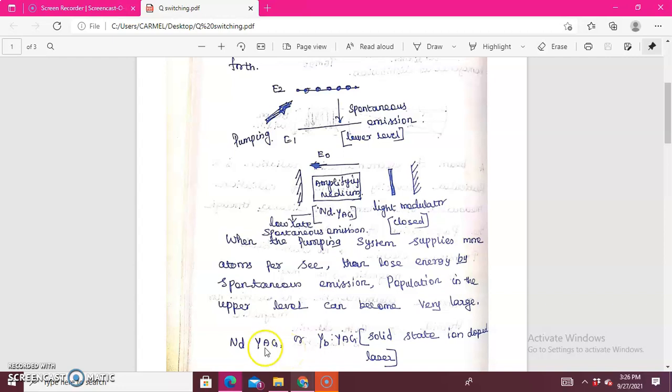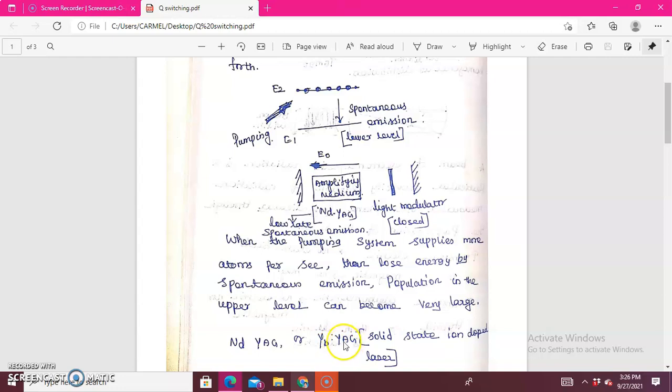Not only that, we have one more material, Yb:YAG. Both are solid state ion doped lasers. Yb:YAG is ytterbium doped yttrium aluminium garnet.